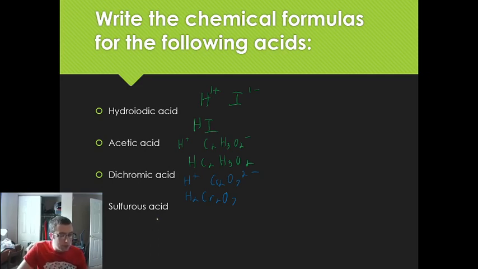So I've got my H+, and then sulfurous, so -ous tells me it was the -ite, so that means I'm dealing with sulfite, which is SO3 2 negative, and then we crisscross: H2SO3. So that's all there is to it.